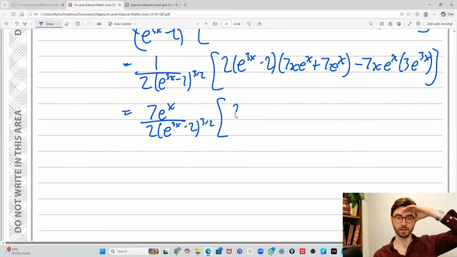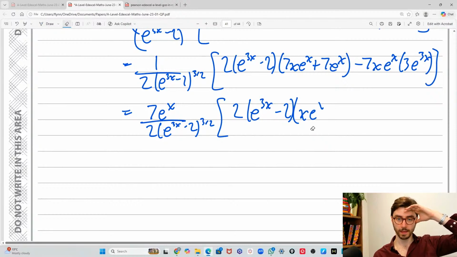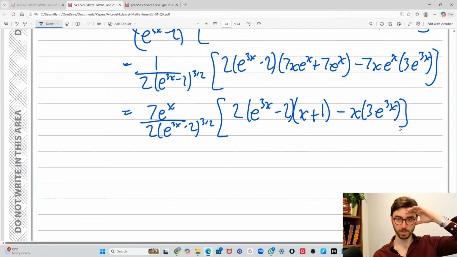So I'm left with 2 into e to the 3x minus 2 into x e to the x, nope, that e to the x has come out, into x plus 1 minus x into 3e to the 3x. Cool.